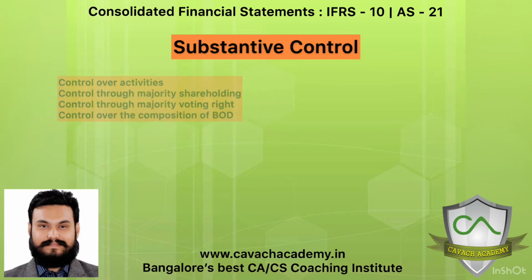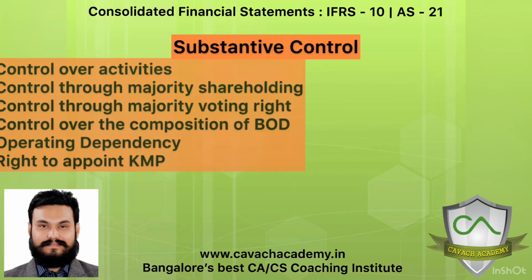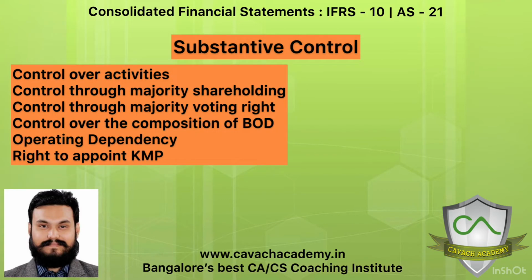Another example could be operating dependency. In the sense, S Limited is totally dependent on P Limited for business. S Limited cannot even function if P Limited does not allow it to function. So there's operating dependency. This also establishes substantive control. And also it could be P Limited has the rights to appoint key managerial personnel of S Limited.